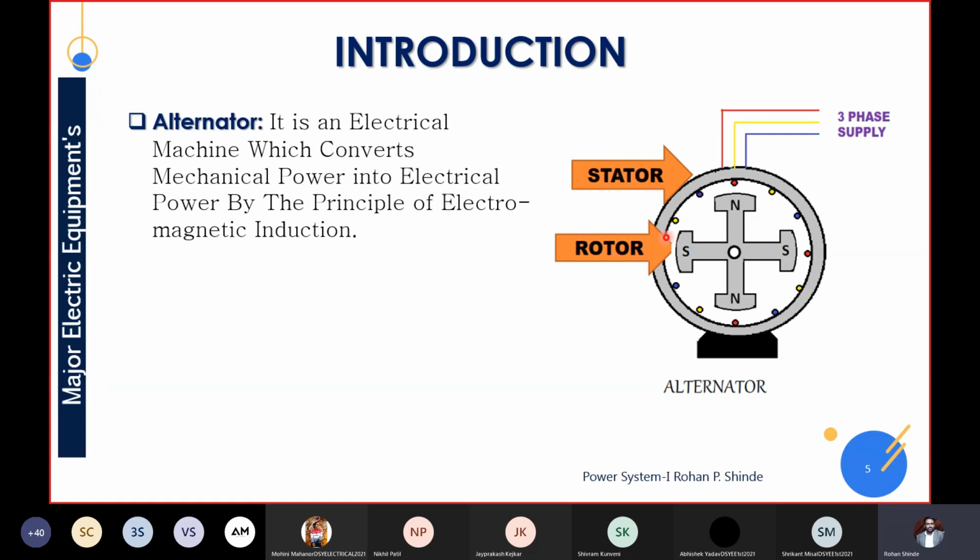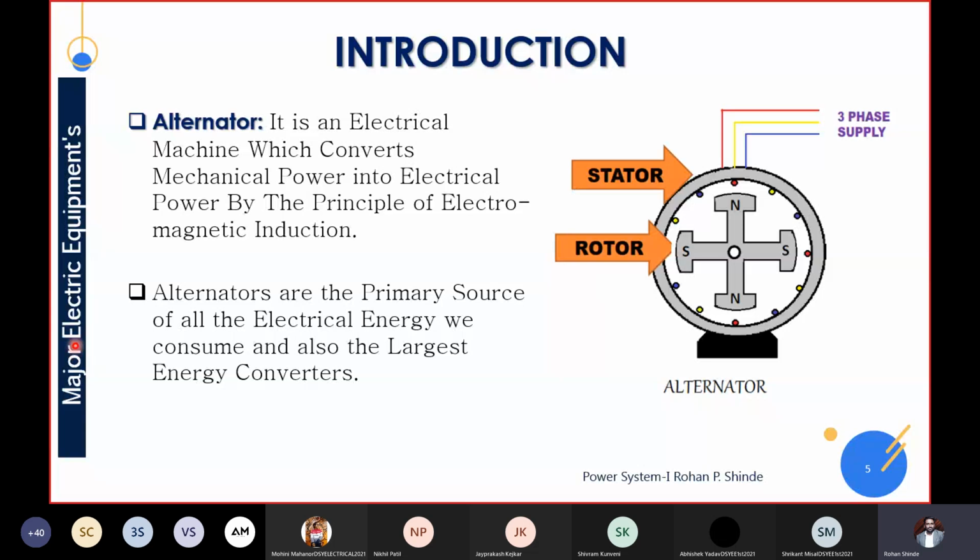Now we will see what is an alternator, what is the structure of an alternator, what is the circuit of an alternator. Alternators are the primary source of all the electrical energy we consume, and they are also the largest energy converters. This alternator is an electromechanical device that converts mechanical power into electrical power.